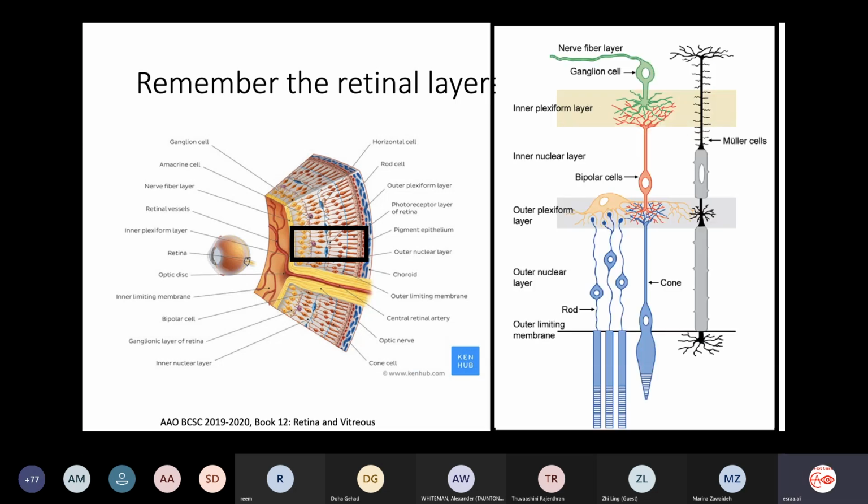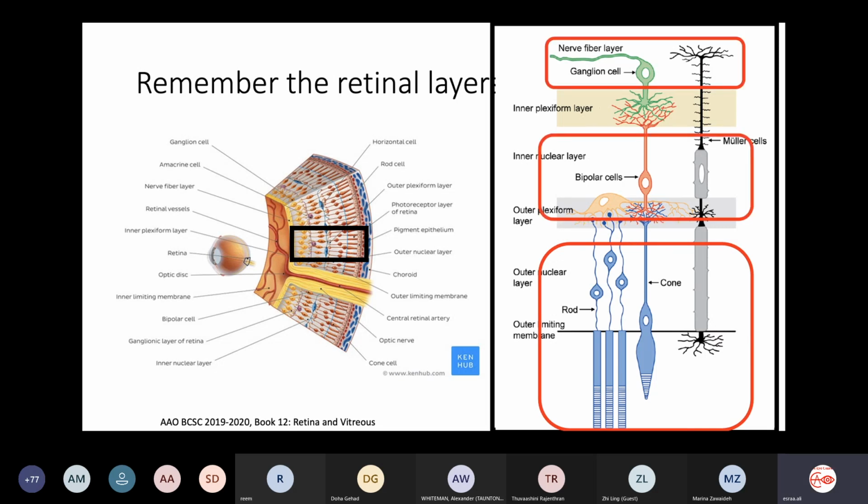The retina is in the back of the eye. Let's start from the basics because it's very important to remember your basics to be able to understand the OCT. So we have 10 layers in the retina. All of them are very hard to remember in the beginning, but let's simplify the whole situation. You have 3 types of cells in your retina.